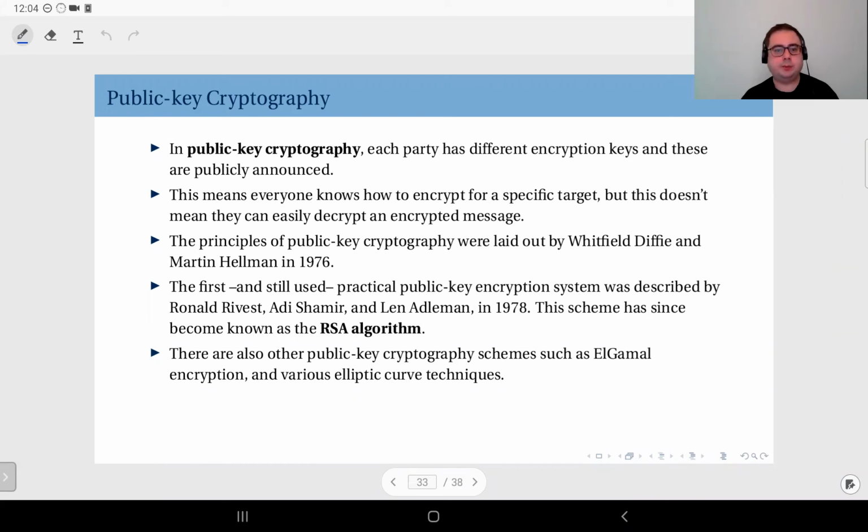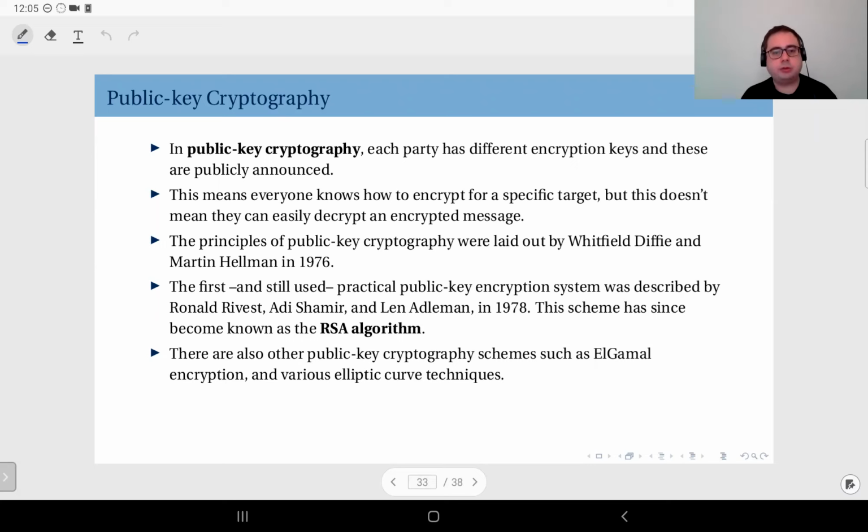In public key cryptography, the communicating parties have different encryption keys, and these are publicly announced. So everybody knows how to encrypt for everybody. This means everyone knows how to encrypt for a specific target, but this doesn't mean they can easily decrypt an encrypted message.